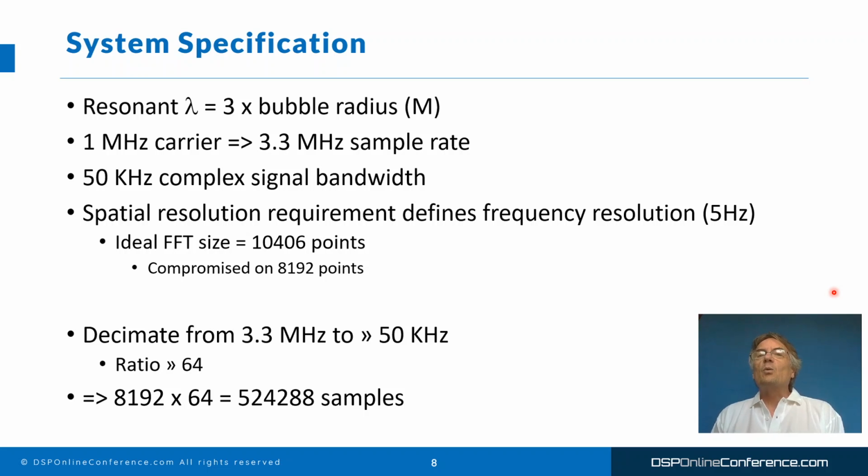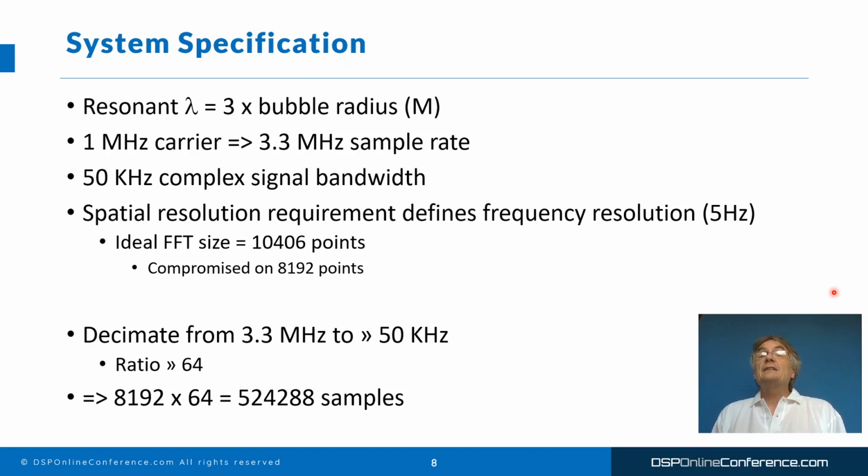But for the bubble sizes that we were measuring in this application, we required a 1 megahertz ultrasound carrier signal and a 50 kilohertz bandwidth of signal that we needed to analyze. So the audio and the ultrasound signals were impacting on the bubble, creating a signal at 1 megahertz, which is the carrier frequency, and the modulation bandwidth was 50 kilohertz.